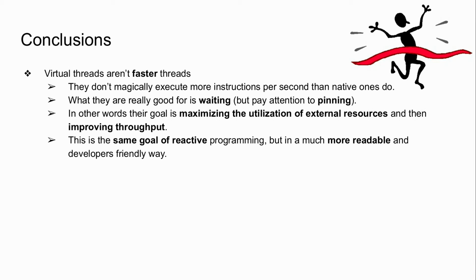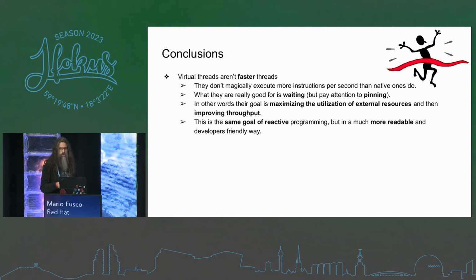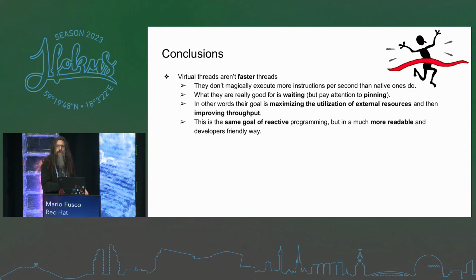It's very common that you do a blocking operation that you need to wait, and they are really, really good at waiting, unless they are pinned. So pay attention to pinned threads. They are there to maximize the usage of your resources, but without the madness of reactive programming. Okay, so it's sane reactive programming. It's more readable reactive programming. That's what they are.